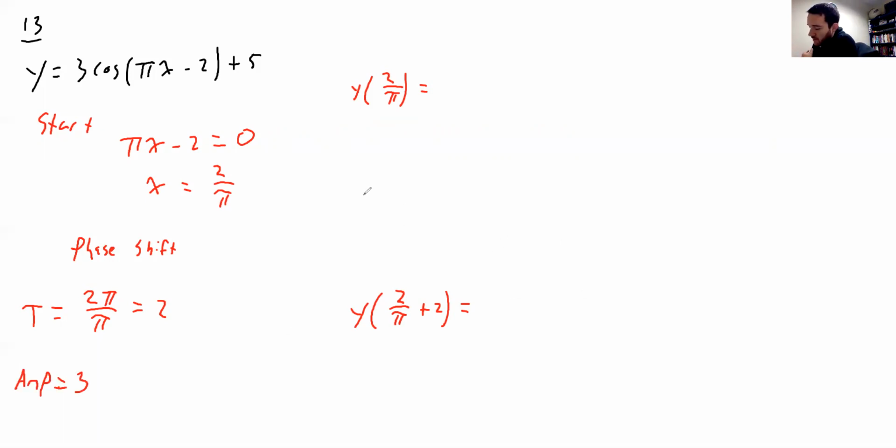Okay, but now that we've done one, I think this is going to be a little bit more natural, right? Halfway between something and something plus 2 would be something plus 1. So if that's halfway, then half of that would be something plus a half. And then on the other end, something plus 3 halves.